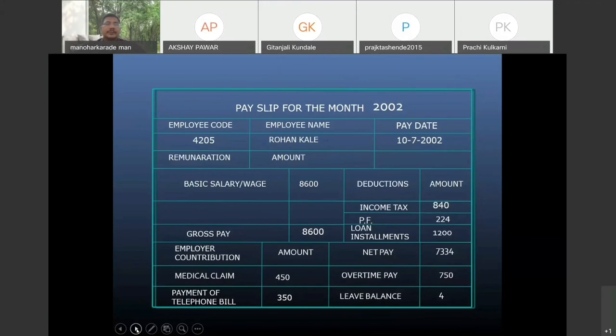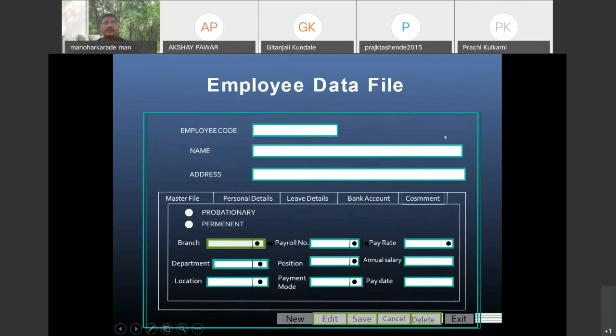Yes, sir. Okay, so shall we proceed? I will give you the complete understanding of how to create a system as an IT. Now take an example, the employee data file, as we were discussing previously. So now you have to create a system for your place.